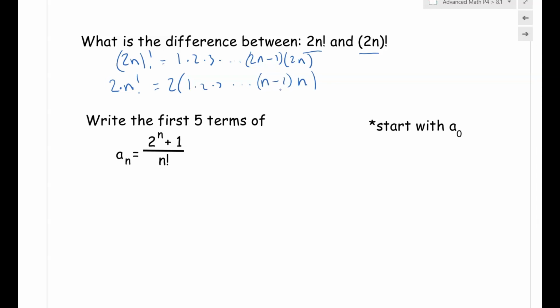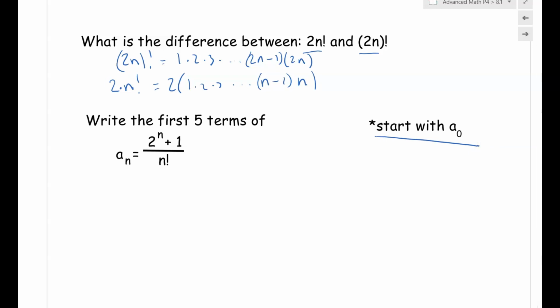All right. Next, when we look at this problem here, what we're going to do is just use what we already did and plug in. Now, we're going to write the first 5 terms of this. Remember what we do. That means we plug in. Now, normally we plug in 1 to 5, but notice I put a little note over here. Start with a sub 0. Okay, so that means I'm going to plug in 0. We do that often.